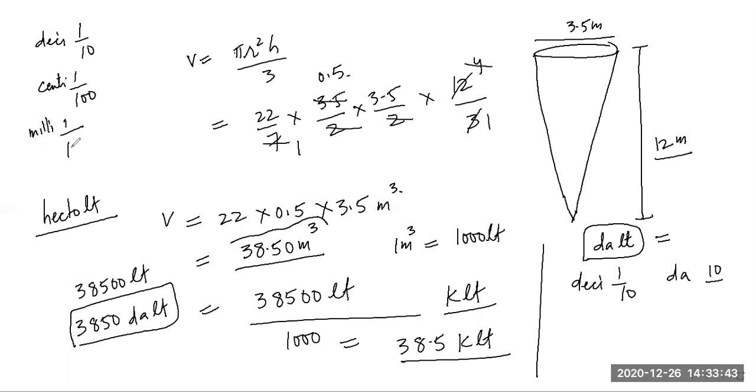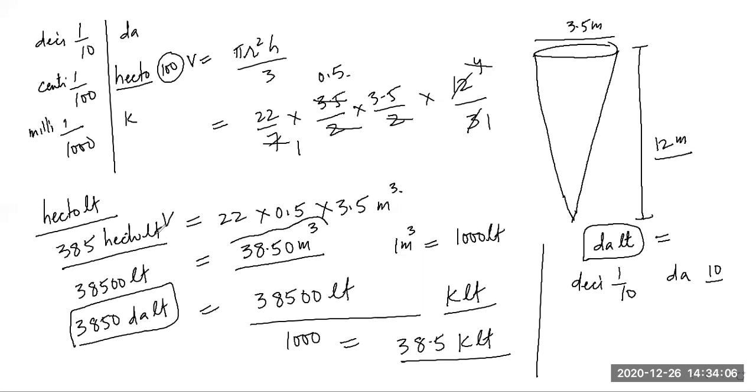Milli is 1 by 1000. On the opposite, deci, deca, centi, hecto. Some people call it hecta also. Milli, opposite, kilo. So hecto is 100. So 38500 liter is equal to 385 hectoliter. Okay? Very good.